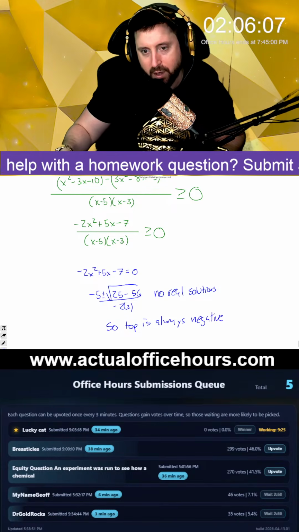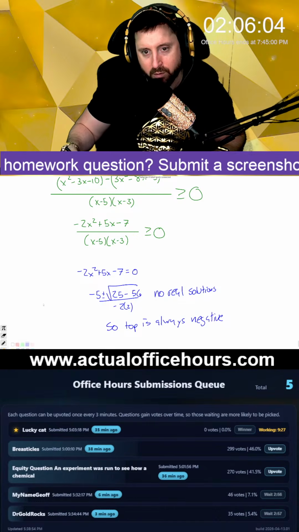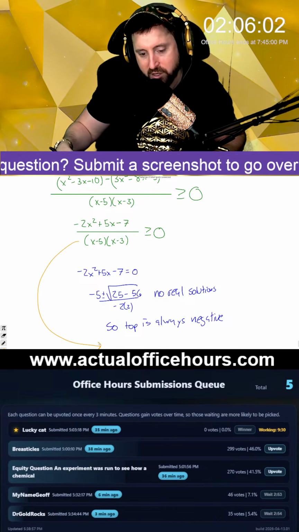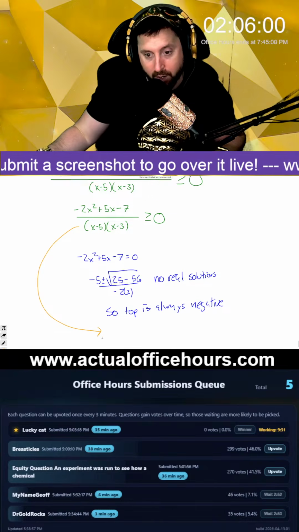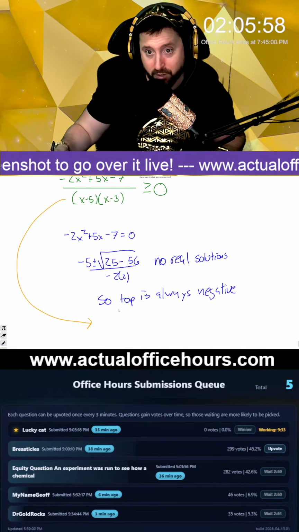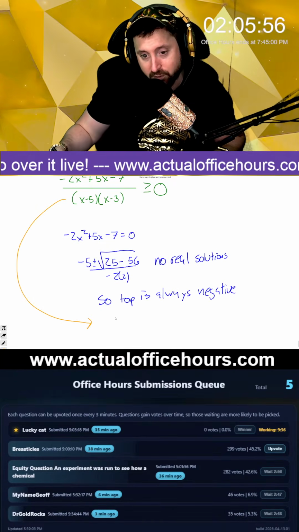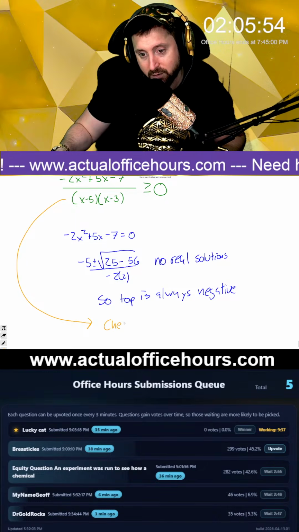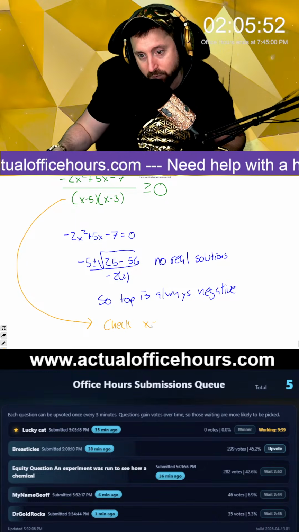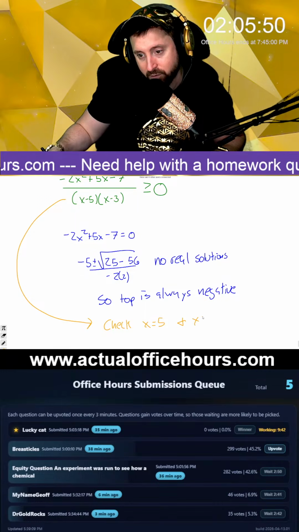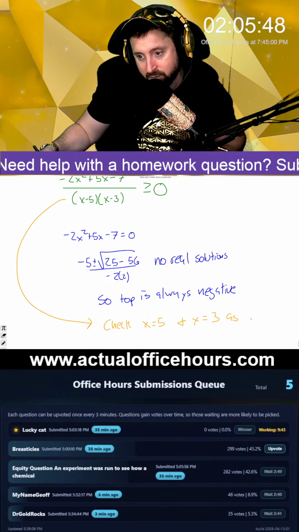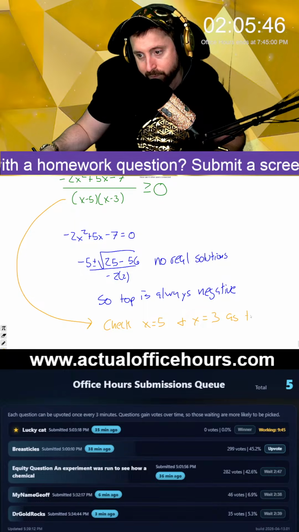All right. So then what we consider is what happens to the bottom. When does that change from positive to negative? And that's already factored for us, right? So we're just going to check between x equals 5 and x equals 3 as critical points or turning points.